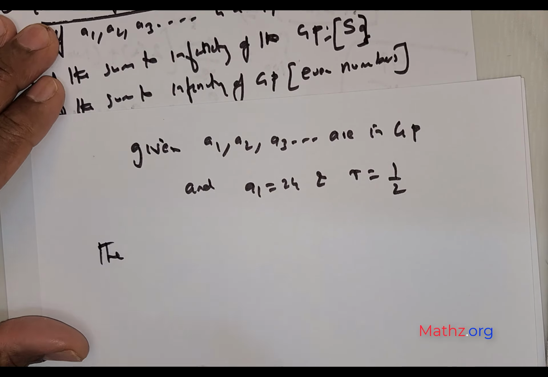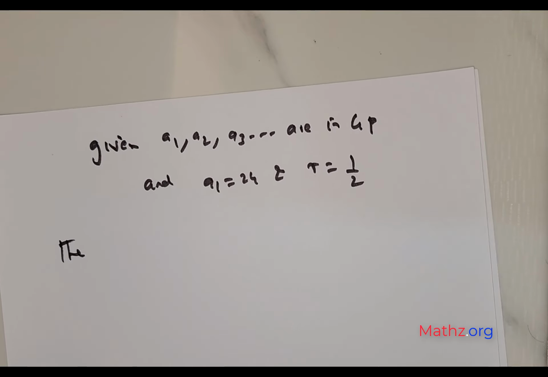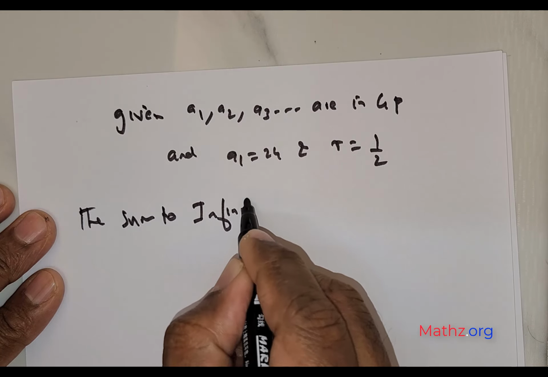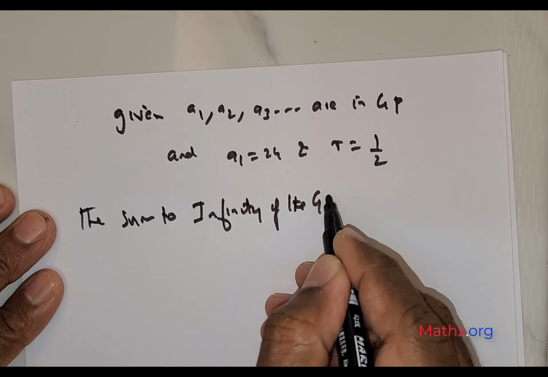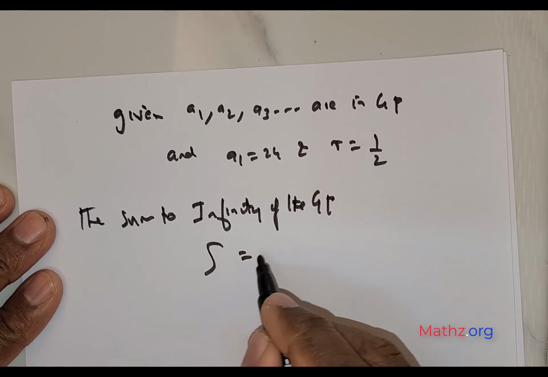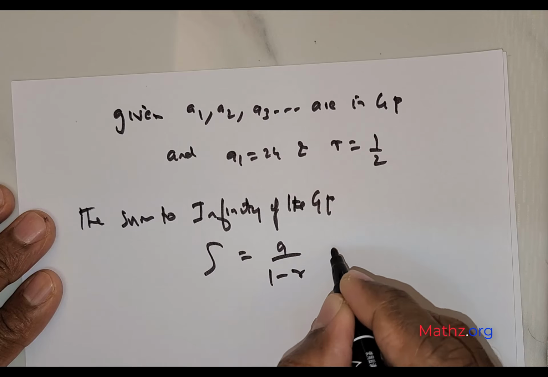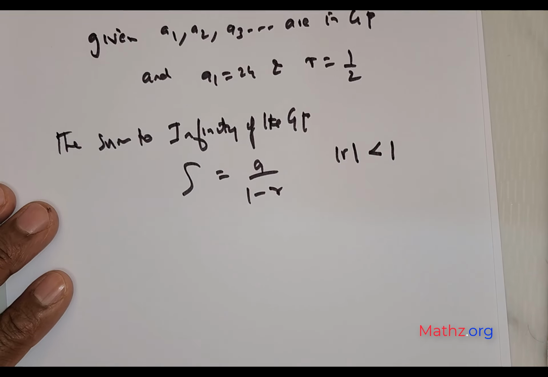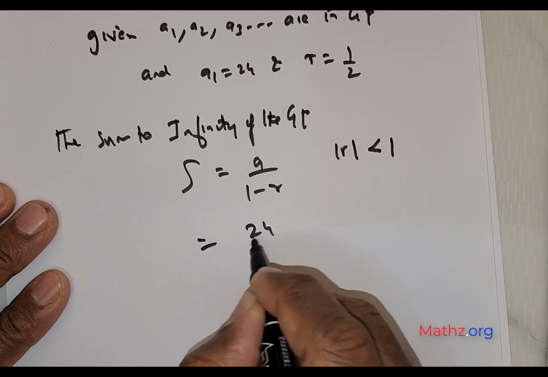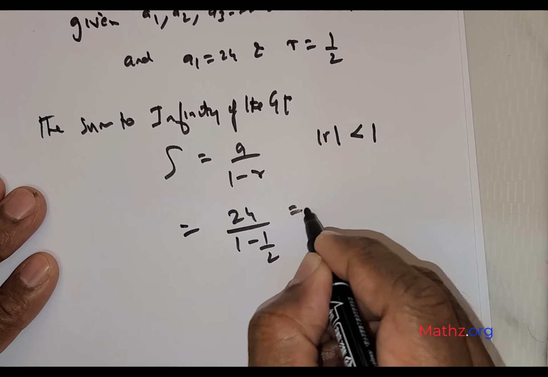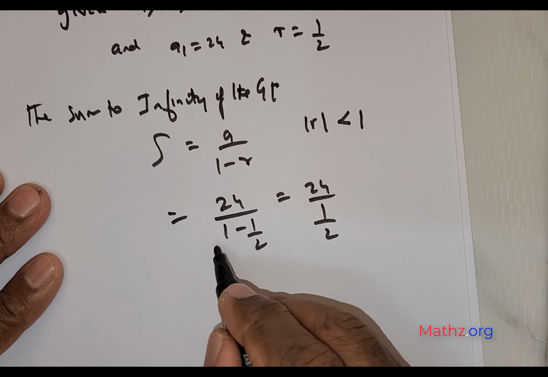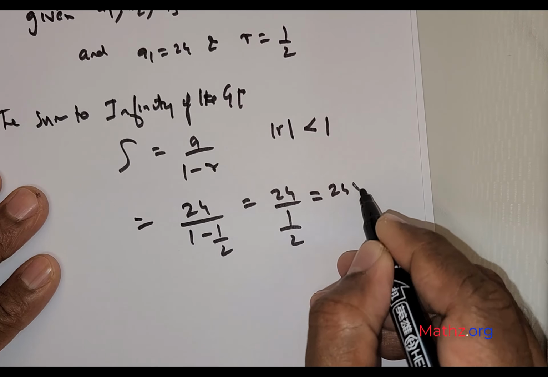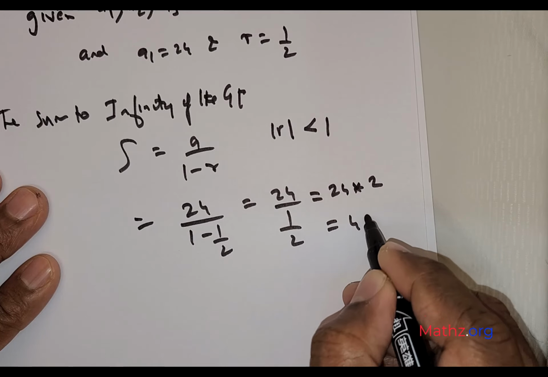The sum to infinity of the GP is given as S is equal to a over 1 minus r. You have to write this condition: modulus of r less than 1. So this means 24 divided by 1 minus 1 over 2, which is 24 over 1 over 2, because 1 minus 1 over 2 gives 1 over 2. I flip it, and I get 24 times 2, which is 48.